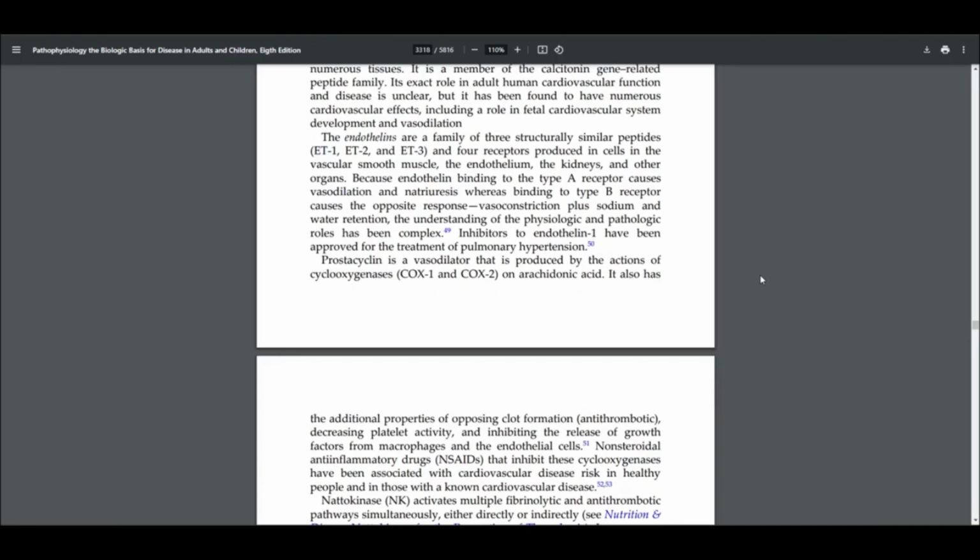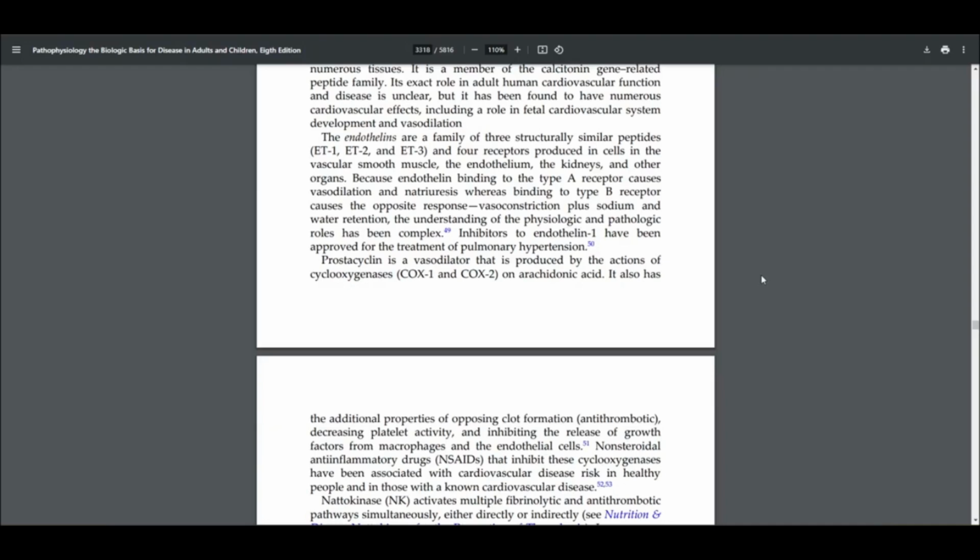Endothelin binding to the type A receptor causes vasodilation and natriuresis, whereas binding to the type B receptor causes the opposite response, vasoconstriction, plus sodium and water retention. The understanding of the physiologic and pathologic roles has been complex. Inhibitors to endothelin 1 have been approved for the treatment of pulmonary hypertension.